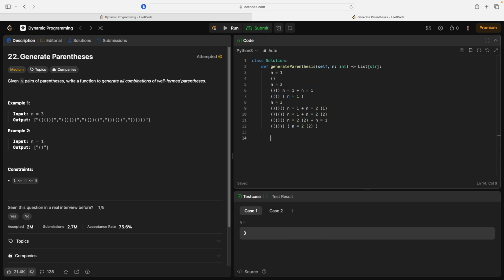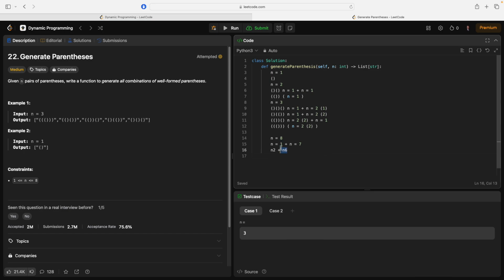So if we have like n equals 8, well, that could be n equals 7 plus n equals 1. Let's just start saying n1, n7. It could also be n2 plus n6, and so on. Do we have to worry about multiple types of combinations?